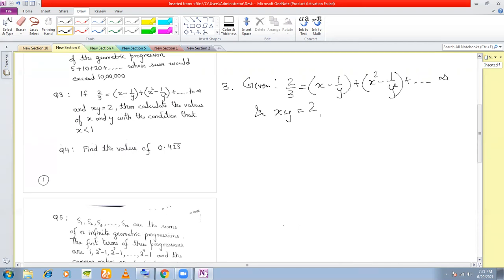Okay. So we start with the first one. So we have 2/3 is equal to (x minus 1/y) plus (x square minus 1/y square) plus up till infinity.